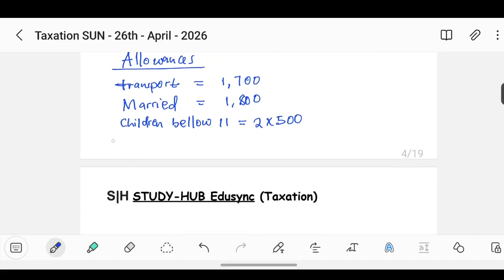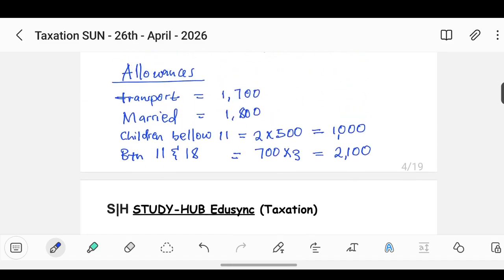So between 11 and 18 they're earning 700 each, but they are 3. So this is 2,100 shillings.